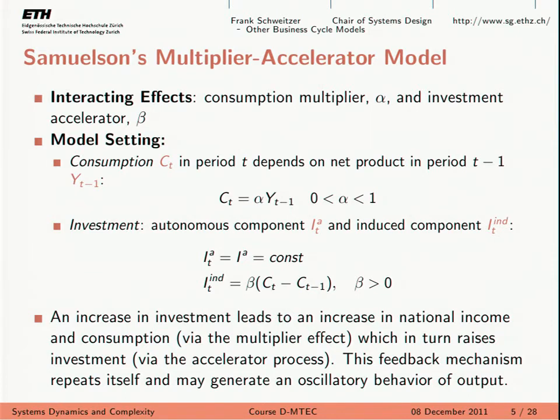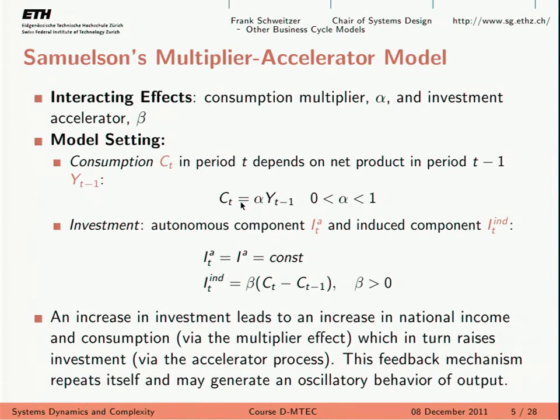So investment consists of an autonomous part, which is always there. You can think of this as constant government spending at each time period. So it does not depend on the economic condition at the moment. It's always there. This is the autonomous part, and we assume it's a constant at each time period.